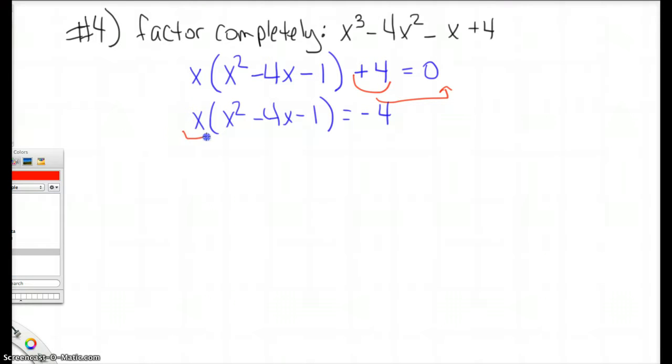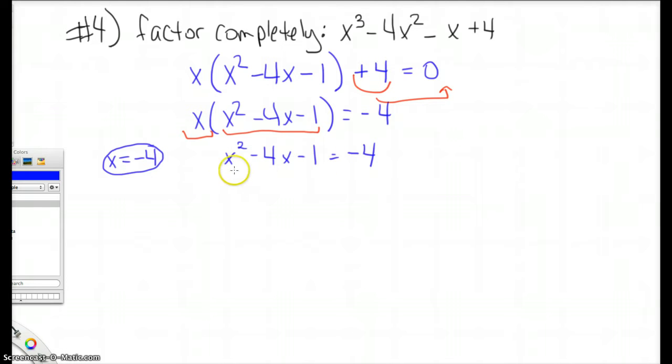So this x and this whole term are going to equal negative 4. So I'm going to start with the first one, x equals negative 4. That's our first factor. The other part, x squared minus 4x minus 1 equals negative 4.